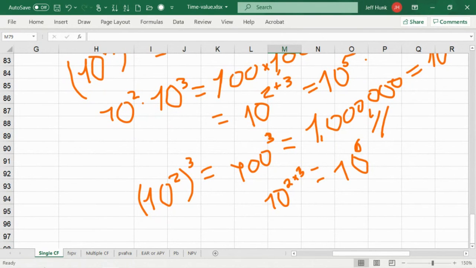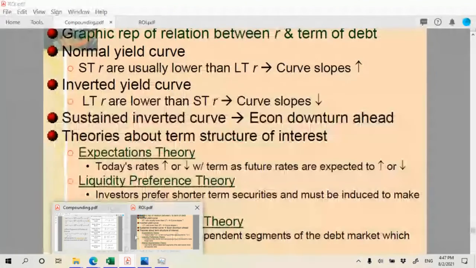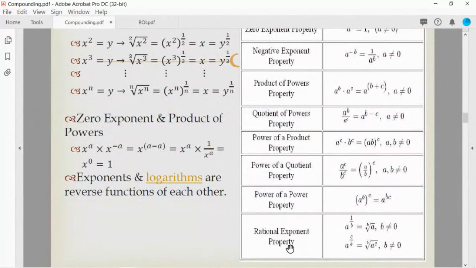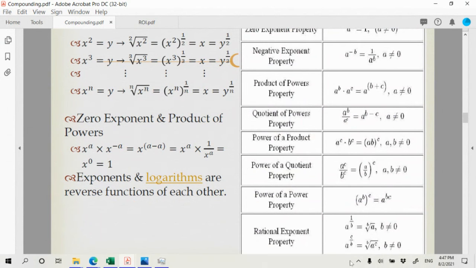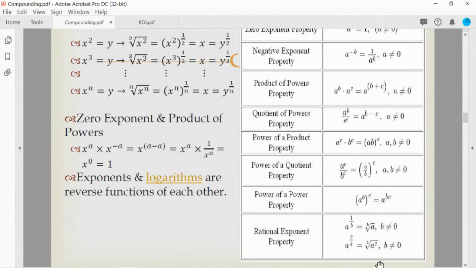So this is the next rule. There is the rational exponent property. We know very well by now that raising to a fraction is the root, right?